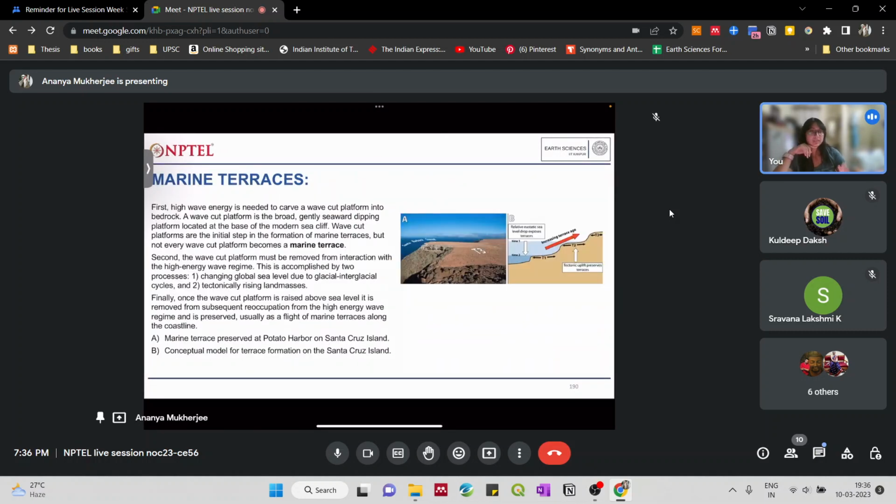Then we come to marine terraces. Okay, so marine terraces are mostly an erosional landform, but these give you an idea whether that place has undergone any tectonic uplift or sea level fall.